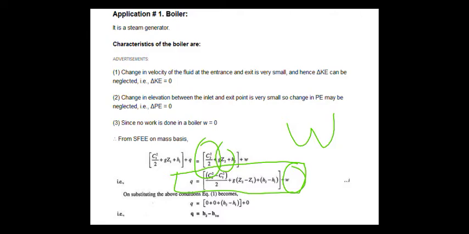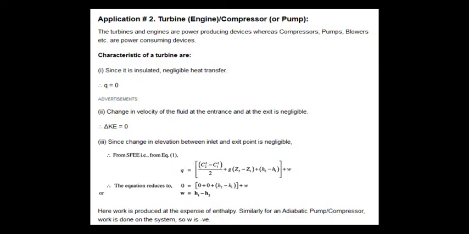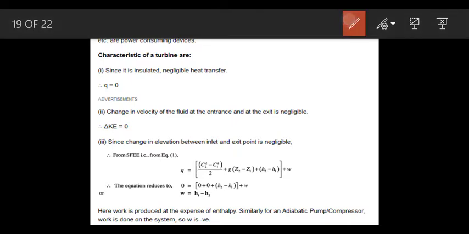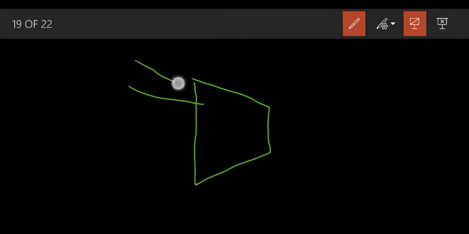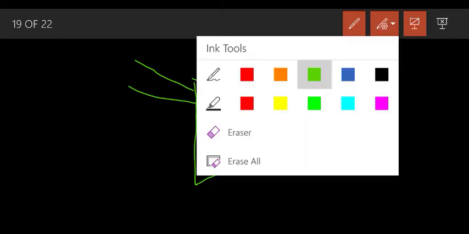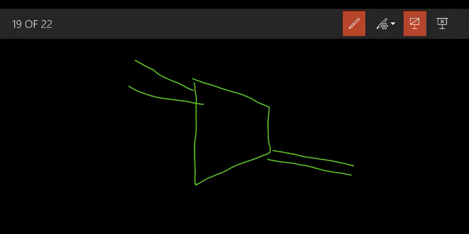Now we will go for the second application, that is turbines. I will explain with the help of a diagram. For the turbine, I am drawing a turbine. There is a fluid at the entrance and a fluid at the exit. For what purpose are we using this turbine?